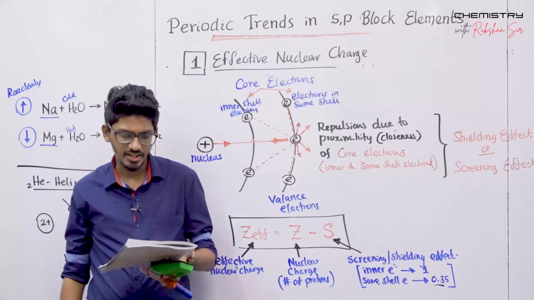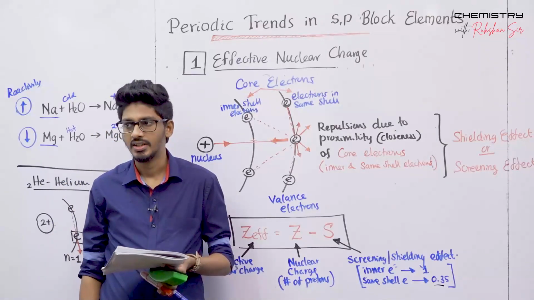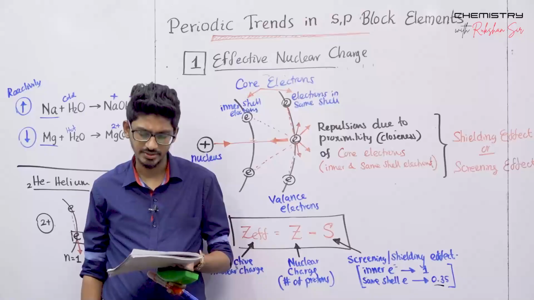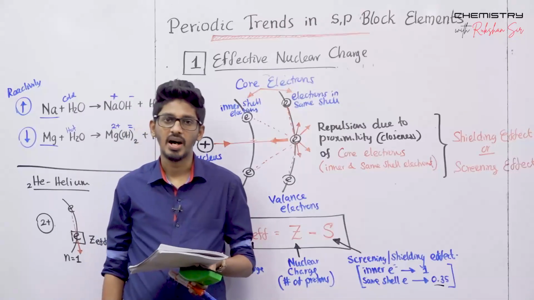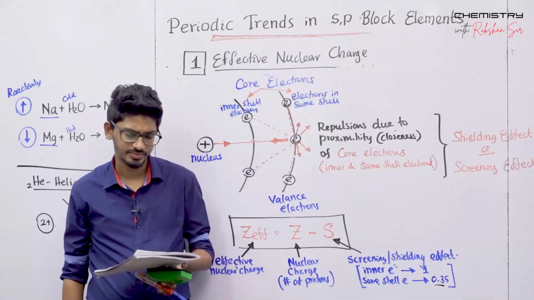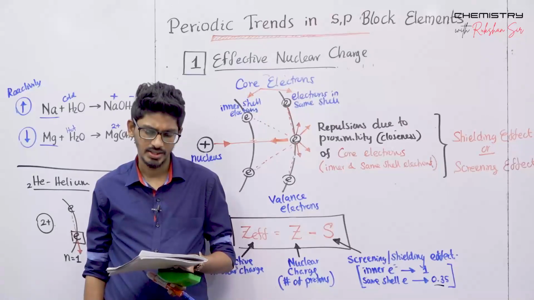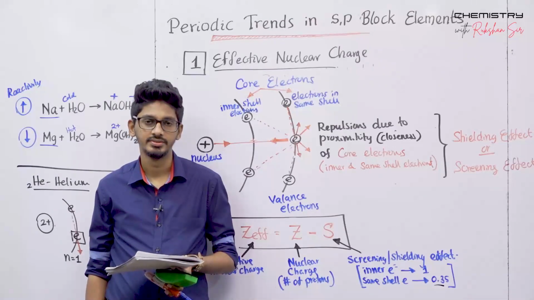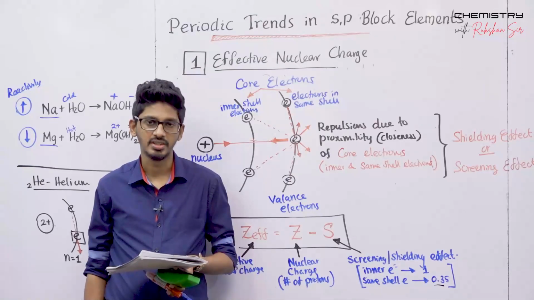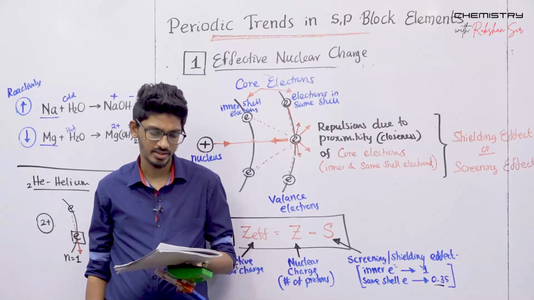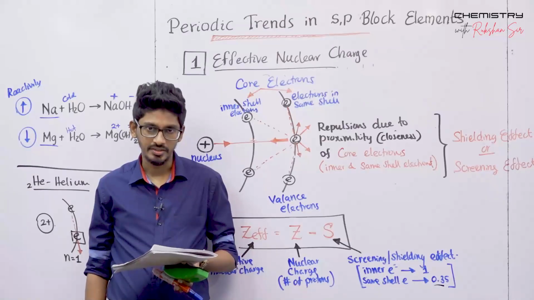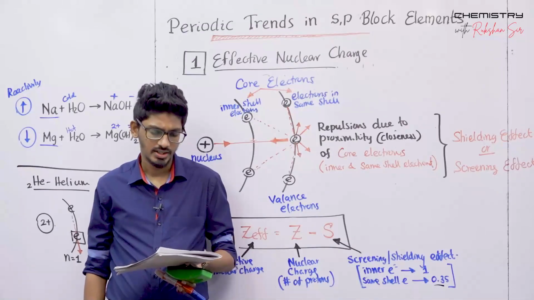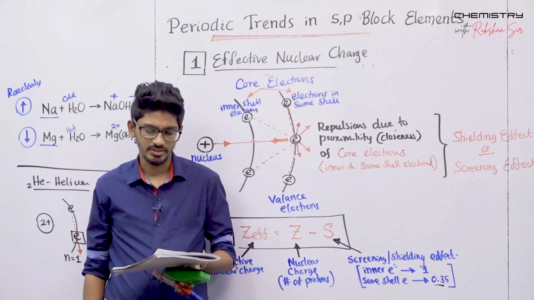This partially screened nuclear charge is termed as, write it in red color, the effective nuclear charge.